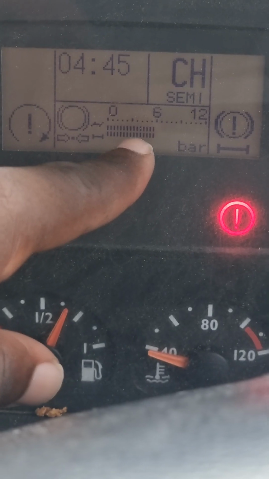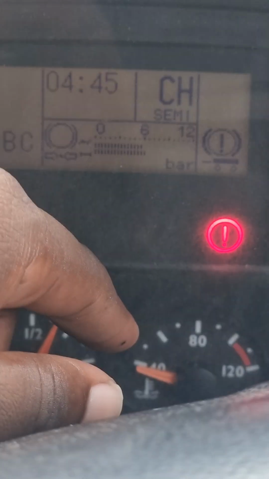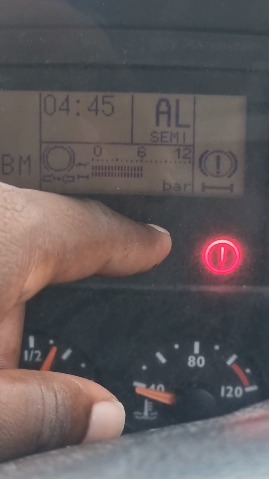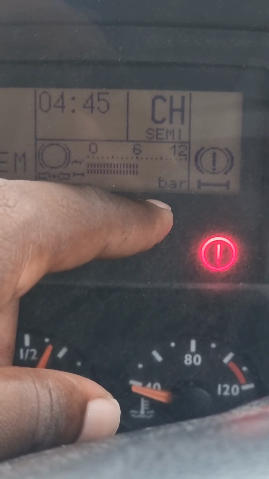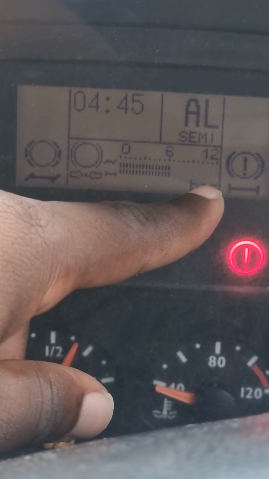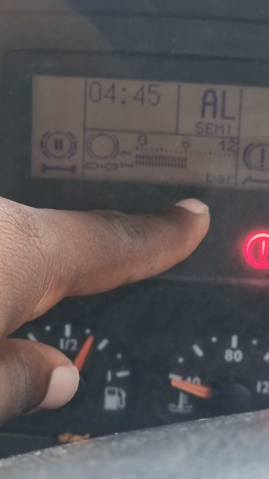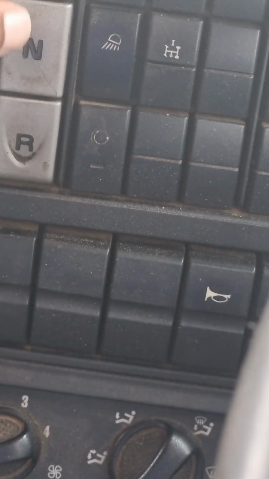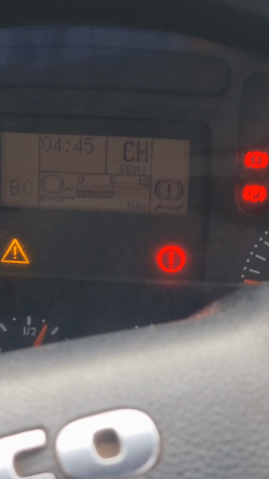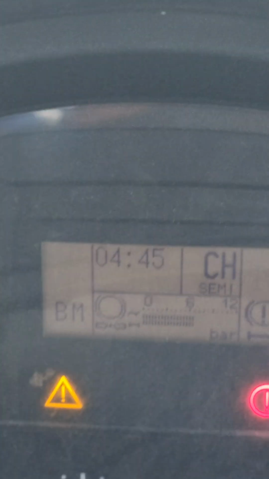If the air pressure is 0 in this truck, you can't engage drive mode, automatic, until the air pressure reaches above 6. Once it goes beyond 6, I'll be able to engage the D, the neutral, and the reverse.